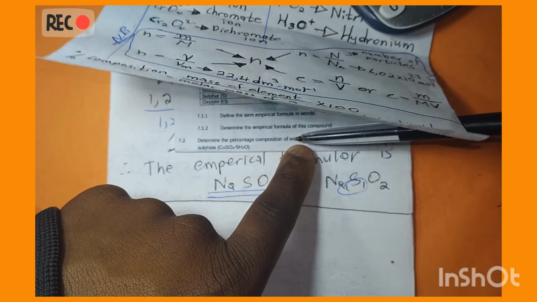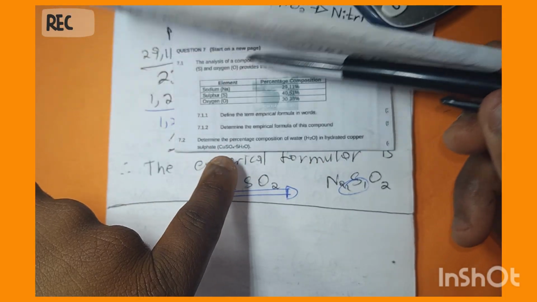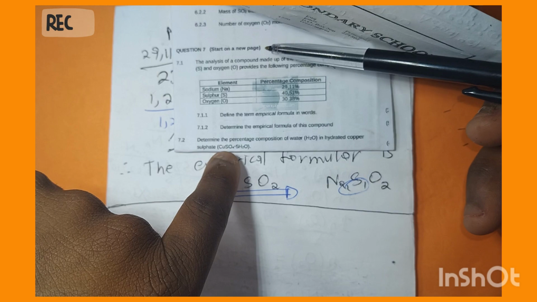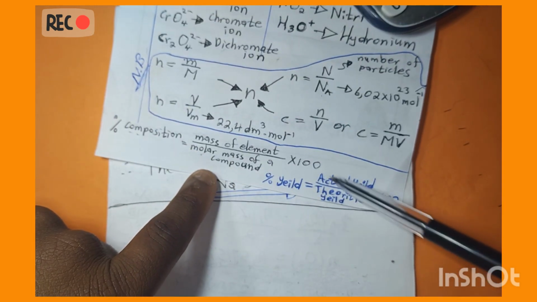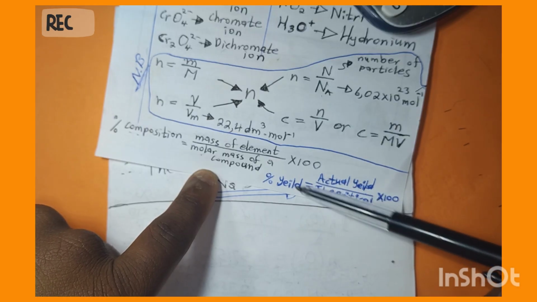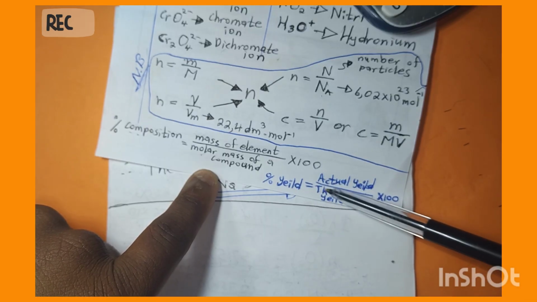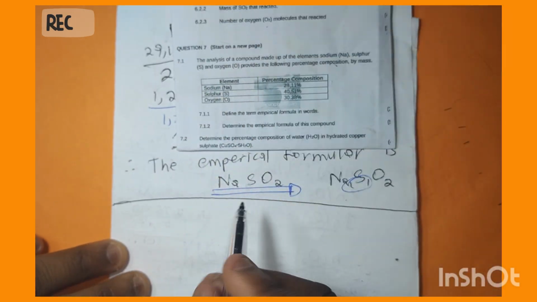We will use that compound of water to identify its percentage in this compound. So a percentage composition, we use it to identify the percentage of a component in the compound.